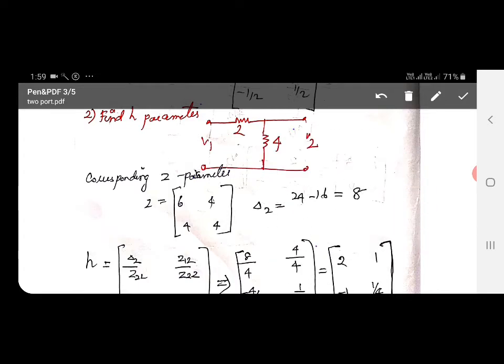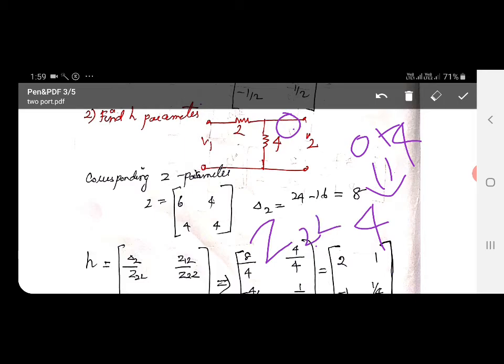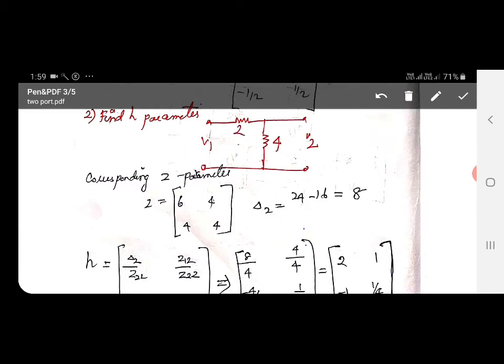For Z22, the given value is nothing, which is 0, so 0 plus 4 is equal to 4. Then we obtain the Z matrix, which is 6, 4, 4 and 4.